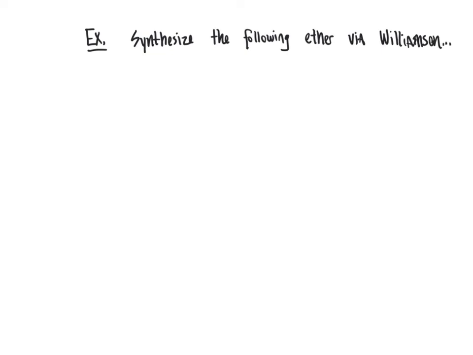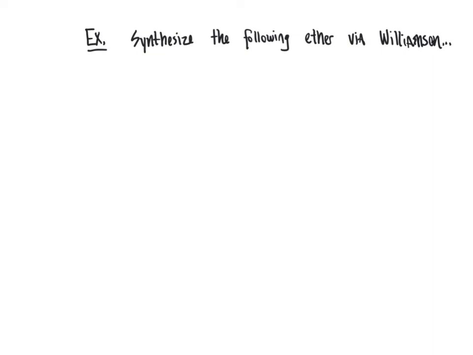In such a type of problem, you would need to design what you would use as the metal alkoxide structure and what you would use as the alkyl halide, keeping in mind that the alkyl halide absolutely has to be a primary carbon directly bonded to the leaving group as your main restriction in designing this.